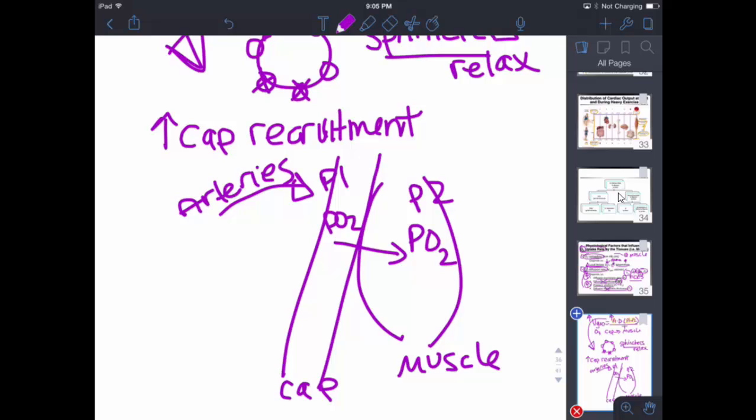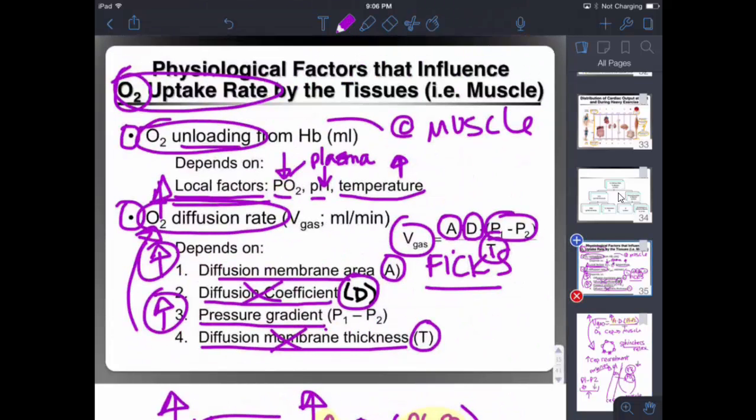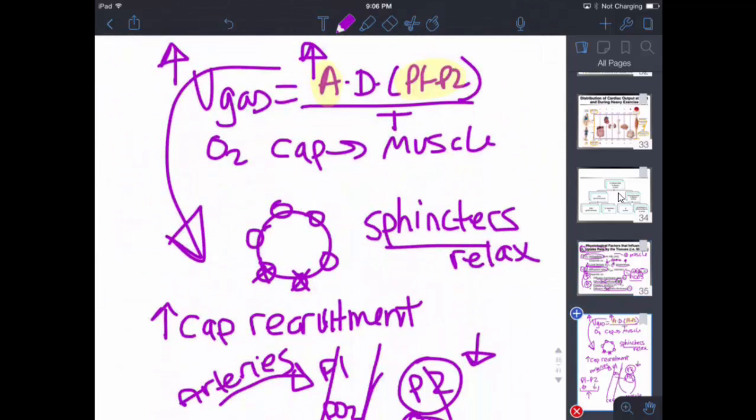But what does happen is that P2 drops during exercise. Okay? Because as the muscle cell is using more oxygen, the PO2 in the muscle cell is going to drop. Okay? And so if we're looking at a gradient of P1 minus P2, P1's not changing, P2 is getting smaller, then the entire gradient is going to get larger. Okay? And with a larger gradient, we get a faster rate of diffusion.